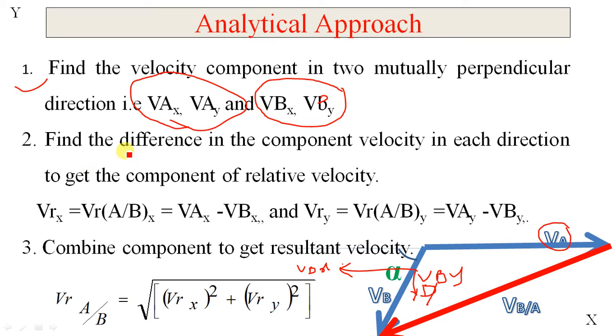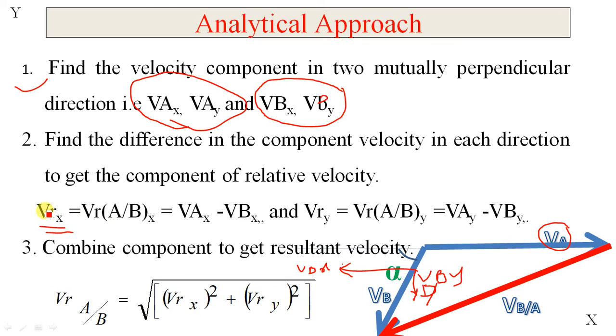Now second, find the difference in the component velocity in each direction to get the components of relative velocity. Now we have to find the relative velocity. R indicates the relative velocity in x direction.